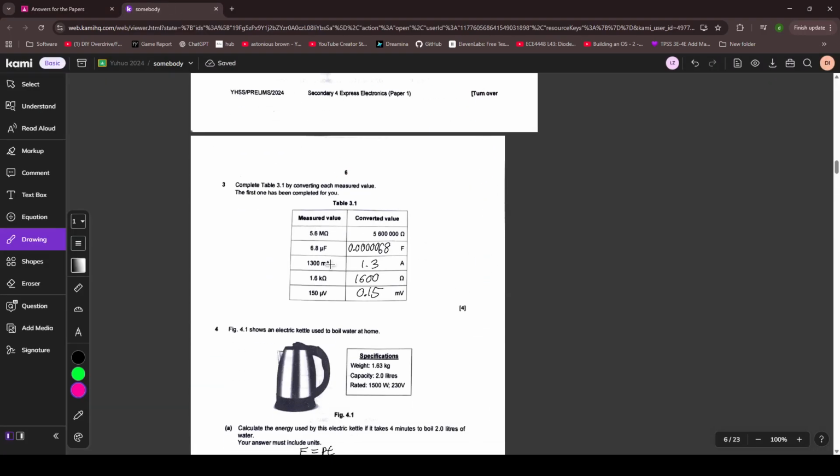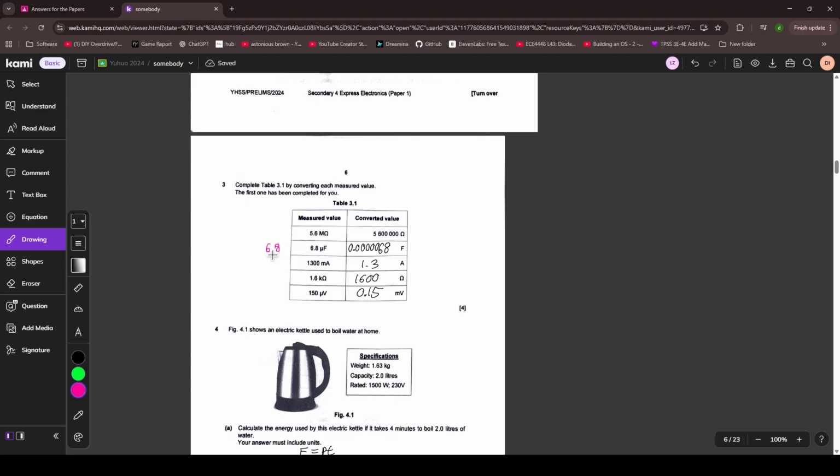Complete 3.1 by converting each measured value. Okay, so I'll do two here. So for, let's say, 6.8 microfarads, the way you do this is for micro, we're going to convert it to remove the prefix.